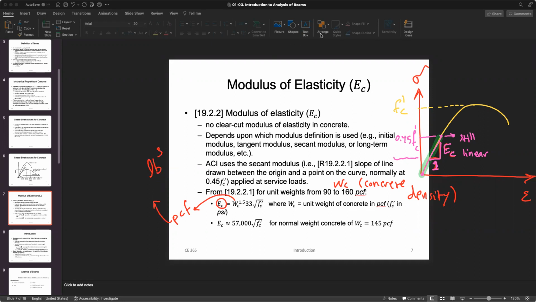W to the power of 1.5 times 33 times the square root of f'c, with f'c in terms of PSI. You need to apply it in terms of PSI.